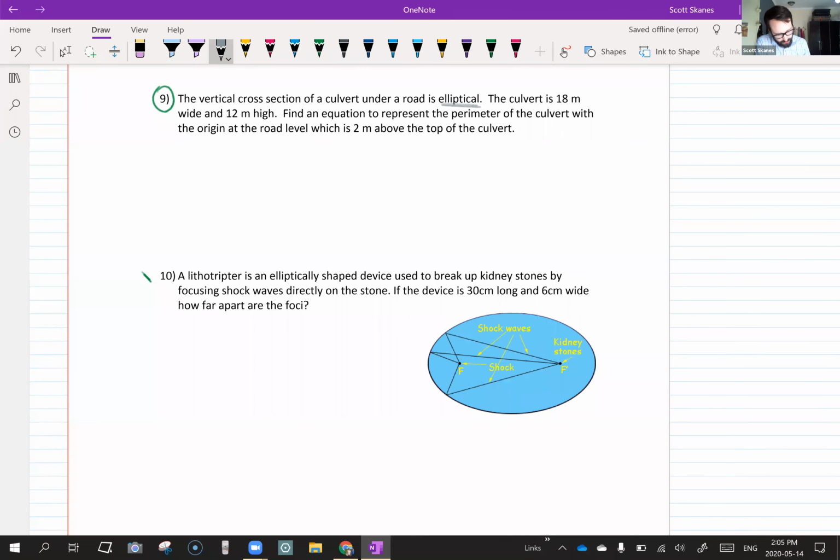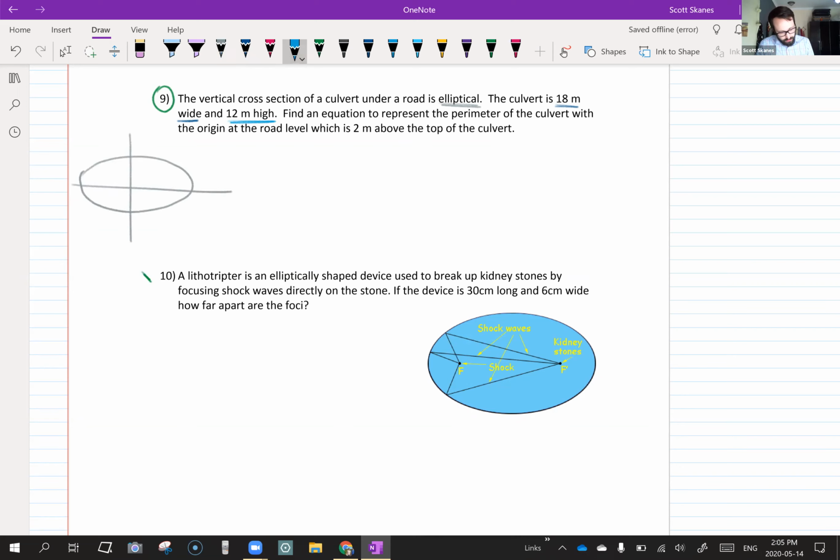Okay, so it's an ellipse. The culvert, the object we're talking about, is 18 meters wide and 12 meters high. This is what it's going to look like. Let me make a better sketch. Go through the center.